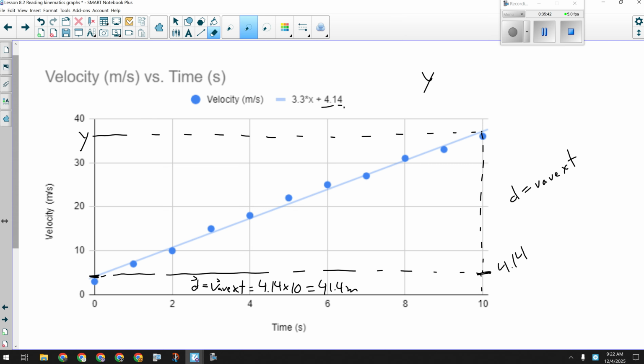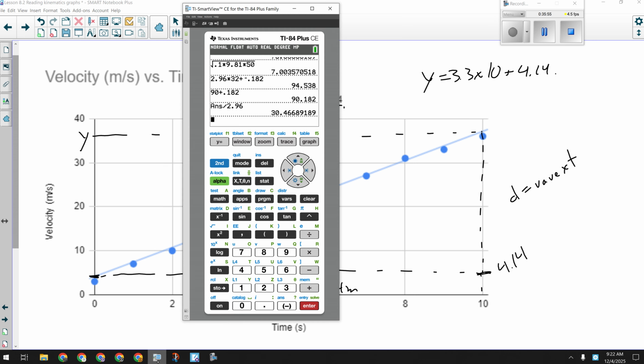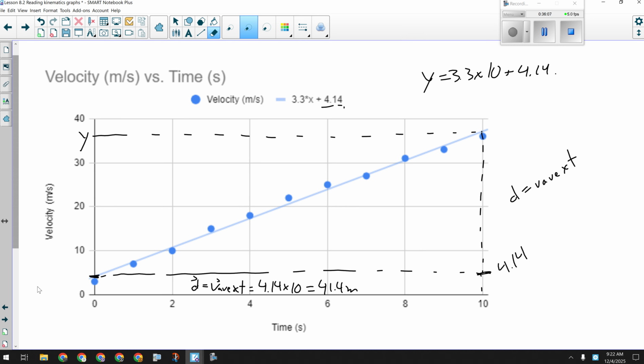All right, so y is going to be 3.3 times 10 seconds plus 4.14. So the top of that triangle is 37.14 meters per second. So that means the height of the triangle is this much minus that much.